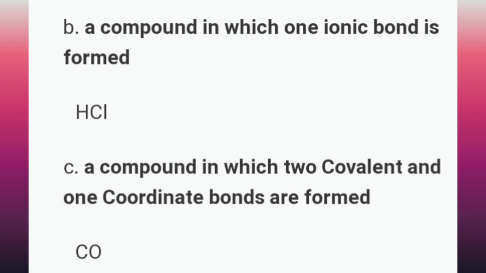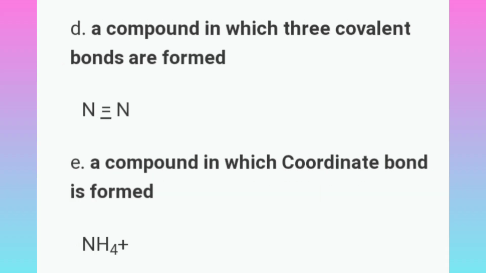Then option C, a compound in which two covalent and one coordinate bonds are formed. CO. Option D, a compound in which three covalent bonds are formed. N≡N. Option E, a compound in which a coordinate bond is formed, NH4+.